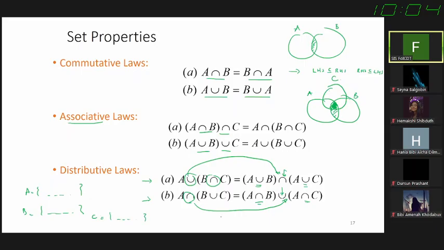If you're going to draw Venn diagrams, it's going to be a lot more complex and difficult to draw. So try to figure out some elements, A union B intersection C. When you do the union of A and B and the union of A and C, and then do the intersection, the elements you're going to have here and here should be the same. Okay, so you can try this as homework. It's very easy to understand.